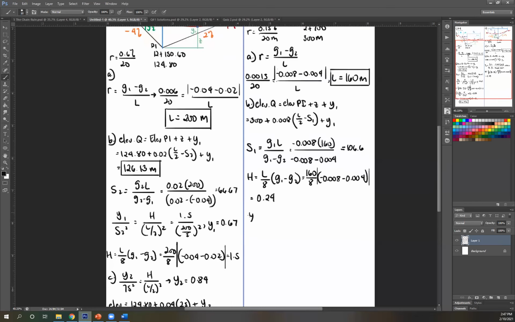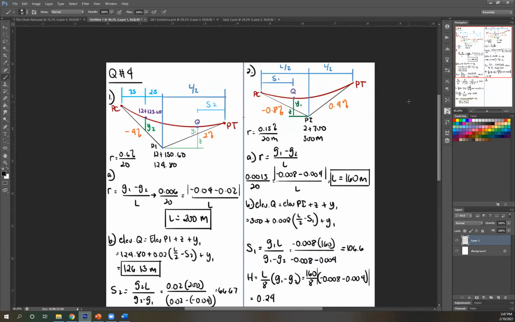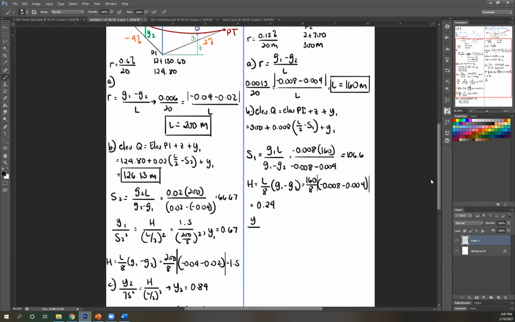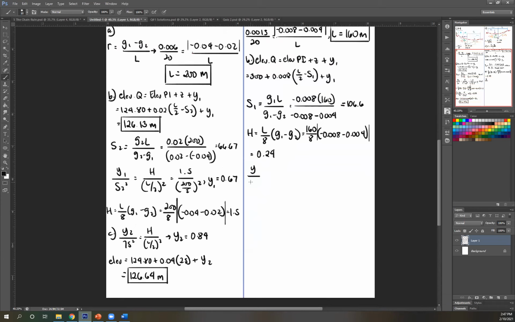And then now I can use this. So y over horizontal length squared from PC or PT. So that length is actually, again, S1. Okay, since it's the lowest point. So for example, I'm not looking for the elevation lowest point. It's just somewhere here. Okay, so that's not S1 anymore. Okay, you need to solve for what is that length. In our case, since it's lowest point, that's just S1. Horizontal distance from PC to lowest point.